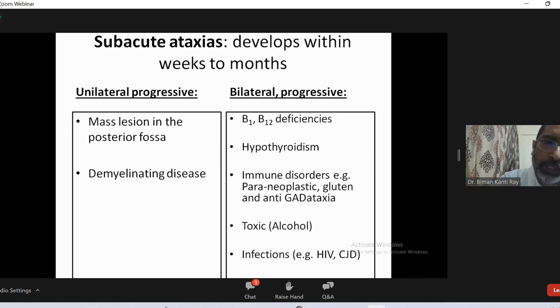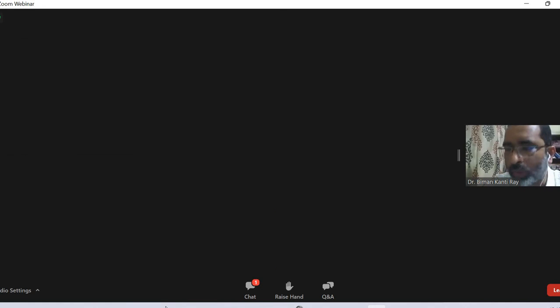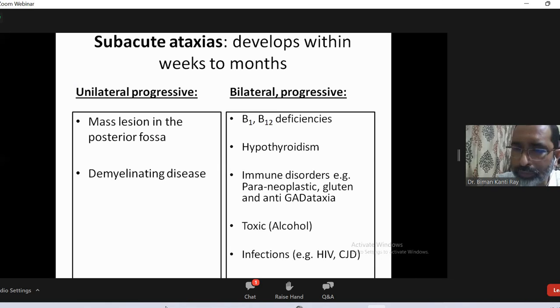If it is a subacute onset, progressive, then the important groups are, one is immune mediated disorder. Whenever we get any subacute onset progressive ataxia due to cerebellopathy, the important immune disorder we try to exclude in our ward is paraneoplastic pathology, anti-gliadin antibody, anti-GAD antibody, anti-TPO.